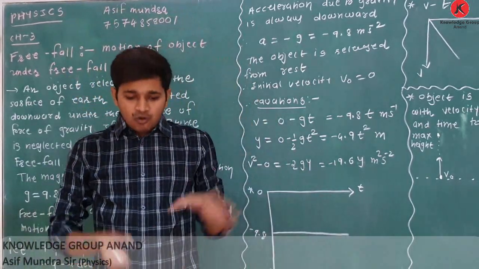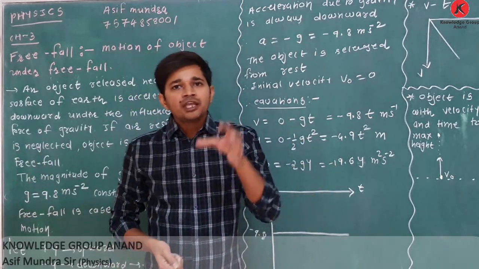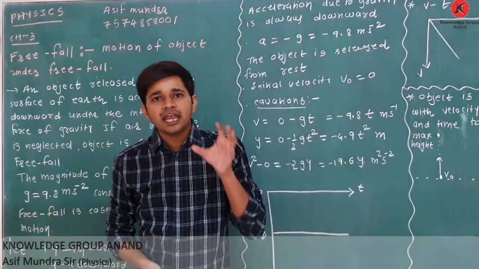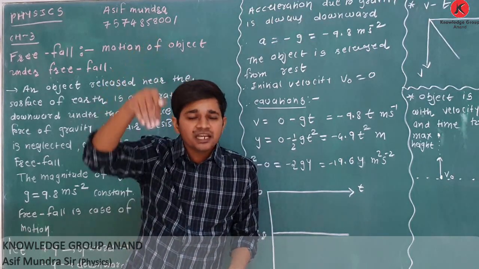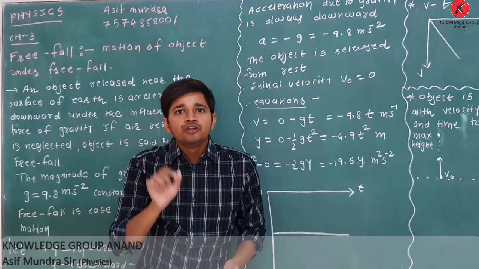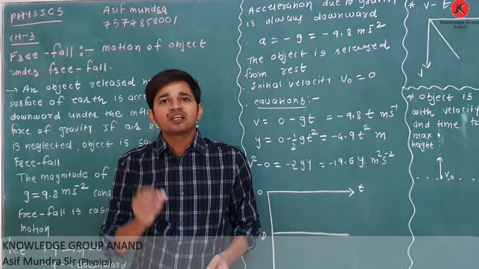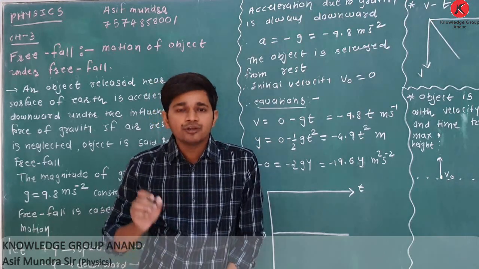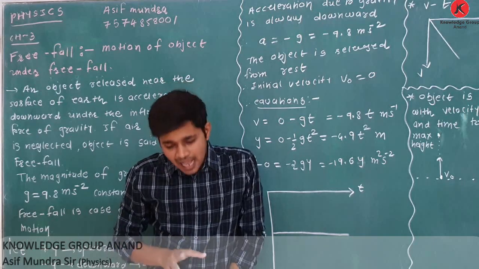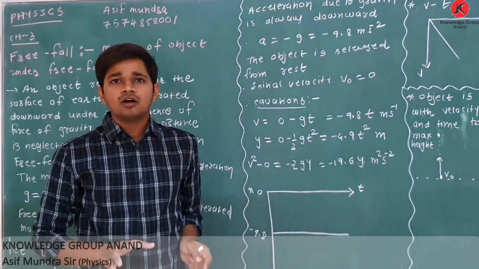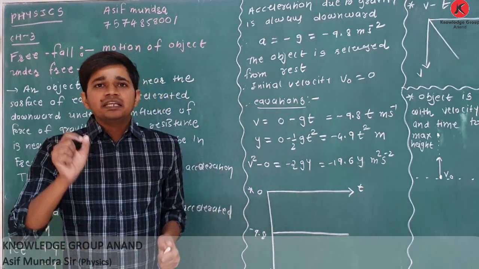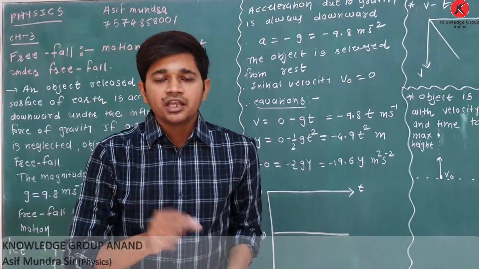You know, from the surface of the earth, if we release any object, that object moves in a vertically downward direction due to the influence of gravity of the earth. And if we neglect the resistance of air, its medium, then it is called free fall.